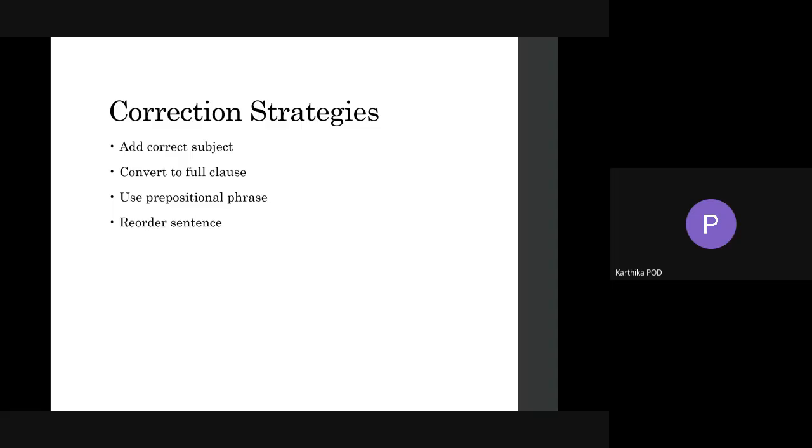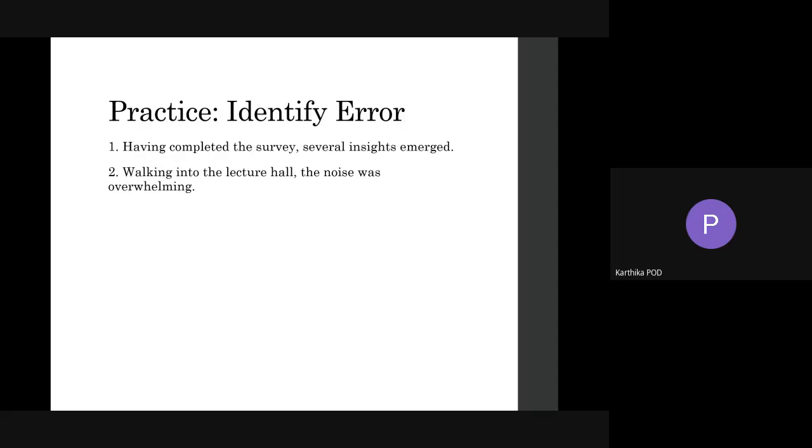What was "having crossed the road"? Yes, "having crossed the road, he was hit." That's how we converted it to a full clause. And we add the prepositional phrase "by the car" or "by a speeding car," so that there is complete meaning to it.